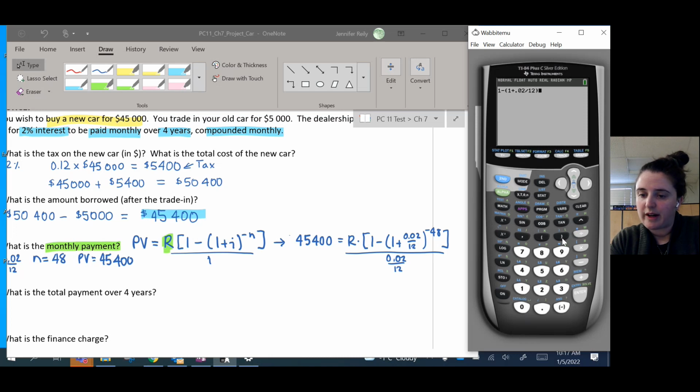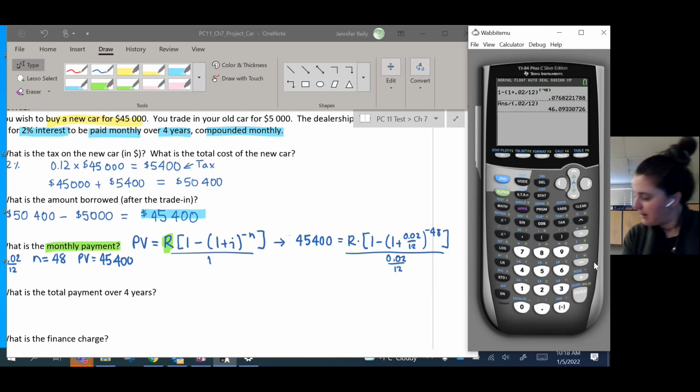If it's a fraction, just use the divided by. Let's see what I get. So that's just the numerator, and I'm going to divide that by 0.02 over 12. Use brackets, 0.02 divided by 12.